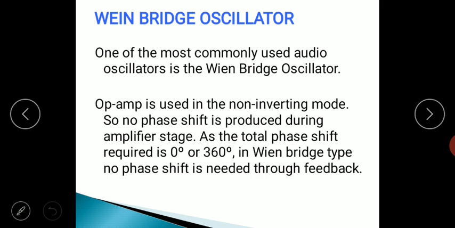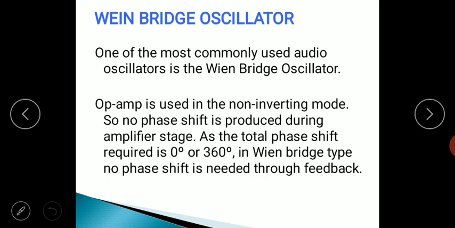Once again I am repeating here, both these oscillators can be constructed using transistors as well as FETs also. It is not that you have to use only op amp. Any amplifier constructed using transistors or FETs can be used.